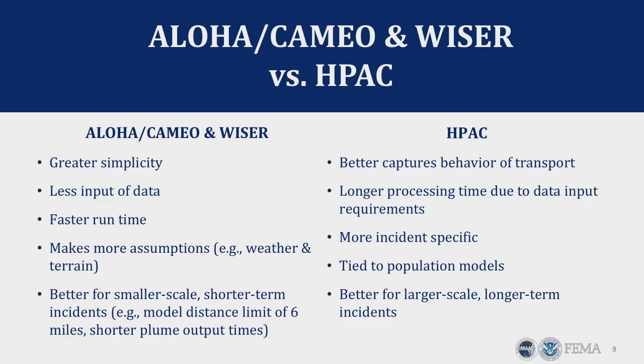And it's good for long scale, longer term incidents. So if this is something like a tire fire or something massive that's going to take hours to days, HPAC is probably going to provide you a better answer. So overall, the idea is, use what you have, but we're there as another tool for you in your response.